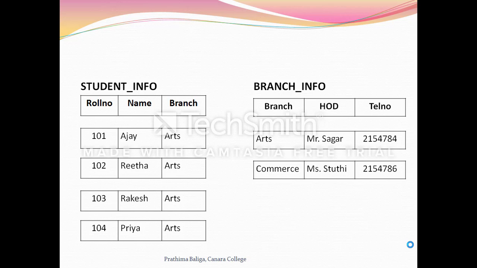Now if you want to update telephone number of arts branch, you can do so by making a change only in one place, that is branch info table, meaning updation problem is solved. It is going to be reflected in all those students information wherever students have selected branch as arts.